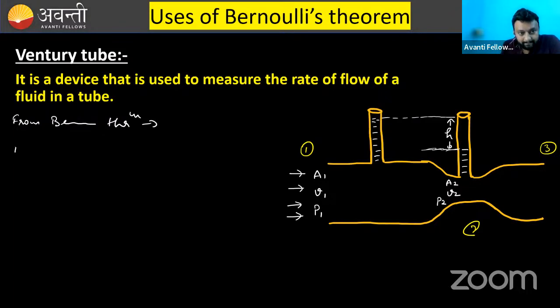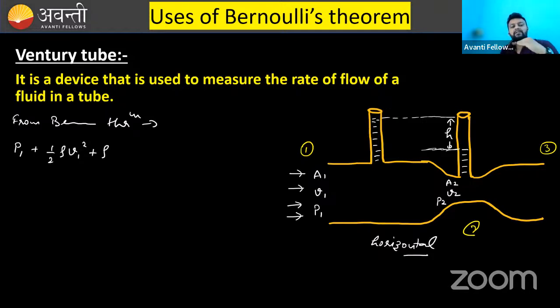It would be P1 plus half rho V1 square plus rho g h1. Let's consider this tube to be horizontal.